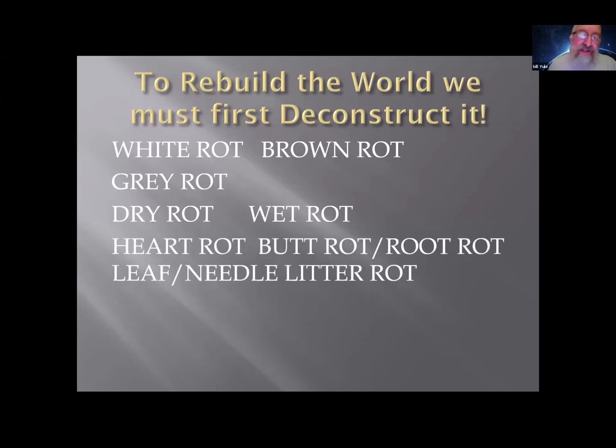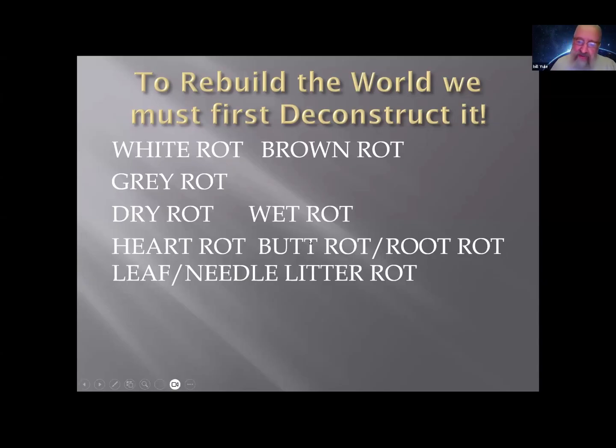And then where rot occurs also has its own set of categorical names. Heart rot is when the center of the tree, the heartwood, is rotten. Butt rot and root rot are when the tree rots right where the stem meets the ground and the roots begin.